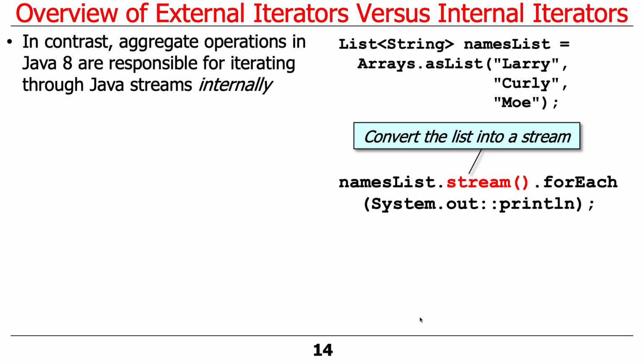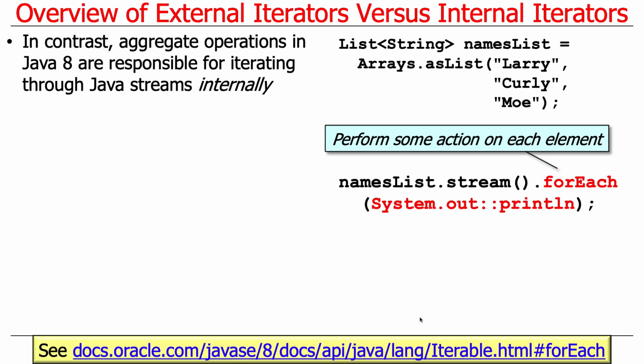And then for each element in that stream, we're going to give it the println method reference to print the results out. So you can see that that's going to end up calling the for each method on that particular stream. And that's what's called a terminal operation, and that'll cause the processing to take place. It'll pull the data from the stream, from the names list, and we'll then go ahead and print the results out.